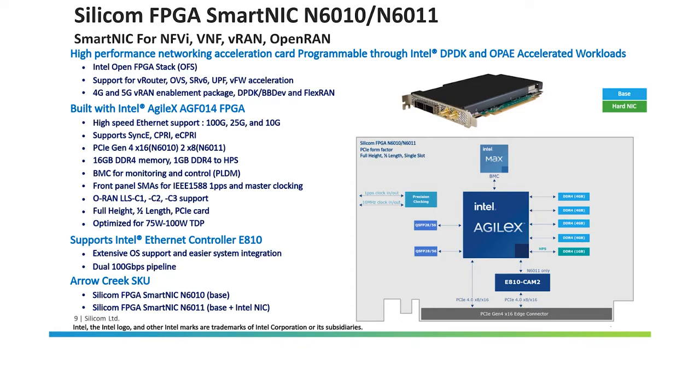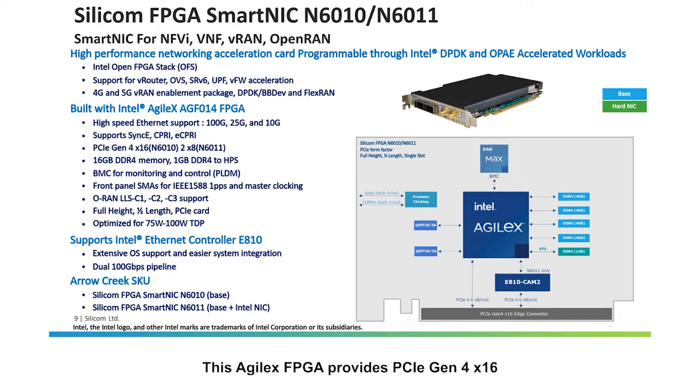The card architecture is built around the Intel Agilex FPGA and the Intel E810 Columbiaville NIC. The card offers high-speed Ethernet interfaces in the range of 1, 25, and 10 gigabit Ethernet with SyncE support and the ability to support CPRI and eCPRI, which are the interfaces in LTE and 5G networks.